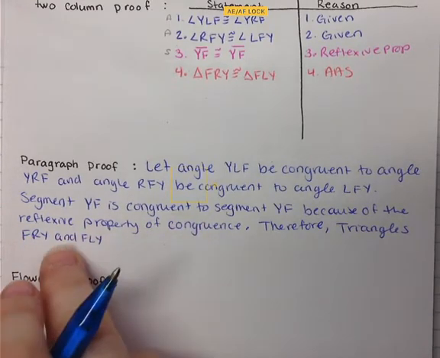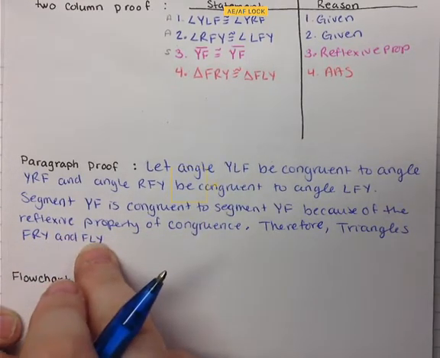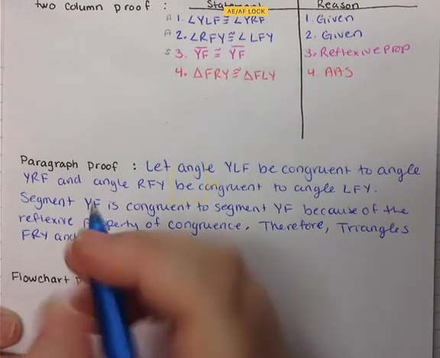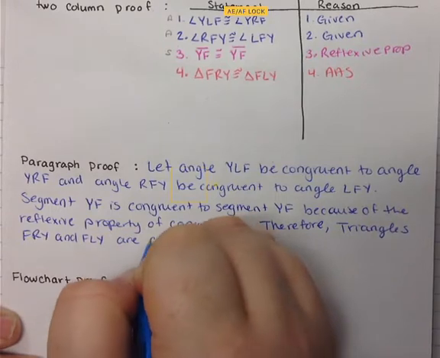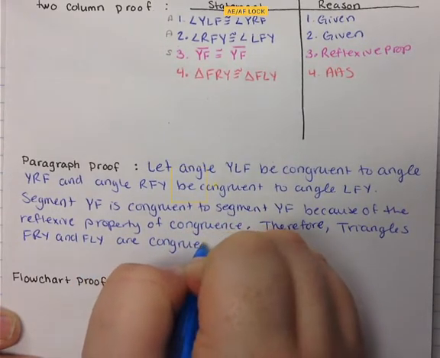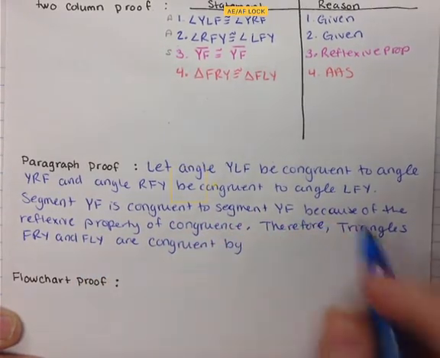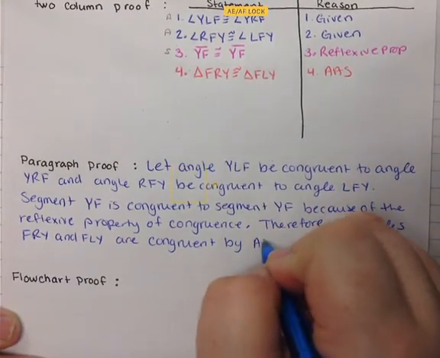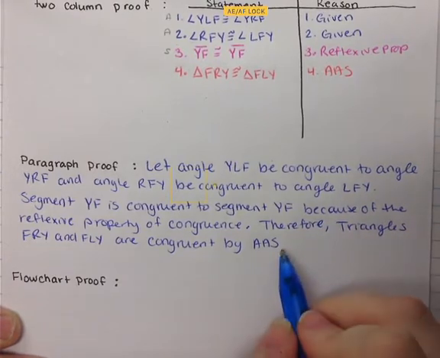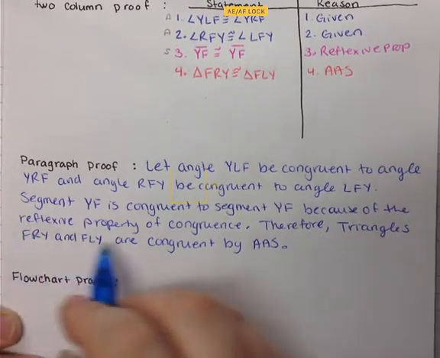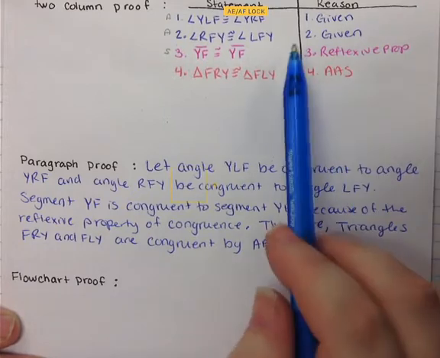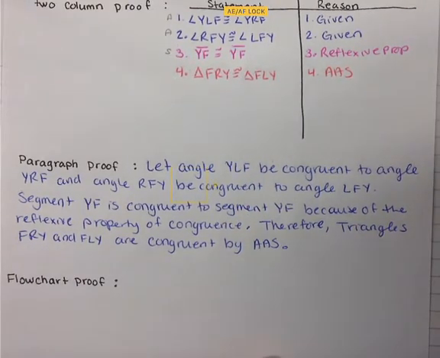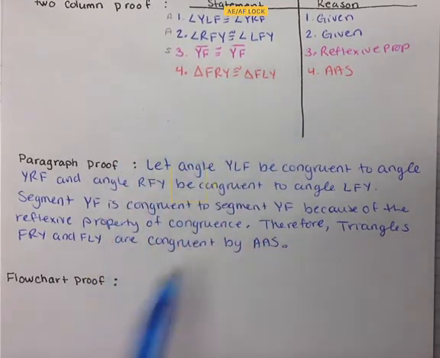Instead of saying the triangle FRY and triangle FLY, I'm saying, therefore, triangles FRY and FLY are congruent by AAS, which is just angle, angle, side, so I can say AAS, because those are still letters. So therefore, the triangles are congruent by AAS, angle, angle, side, which is basically the exact same thing we have up here. That's a paragraph proof. It's just saying everything we've already said, but just in words.